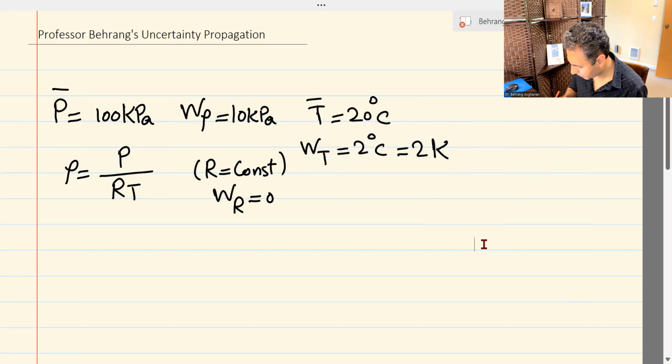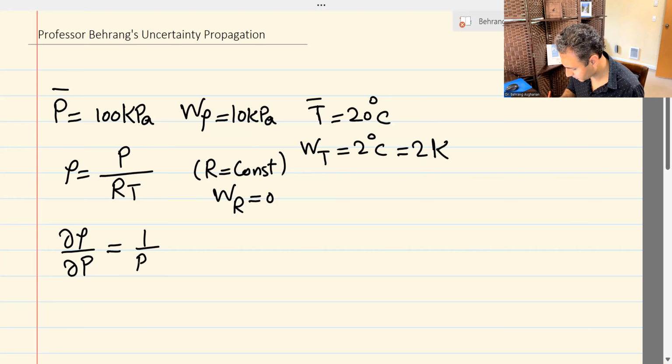Sorry. Now, if I want to take the partial derivative of density with respect to, let's say, pressure, I just have to treat everything else as a constant. So that would be 1 over RT. That's just calculus. I assume that you know how to take the partial derivative.